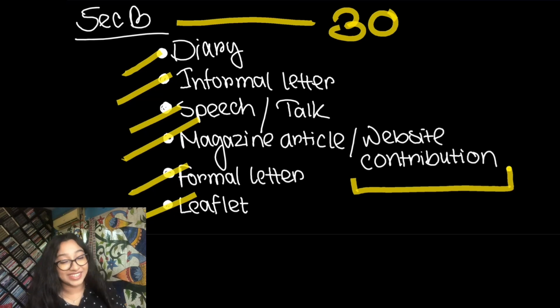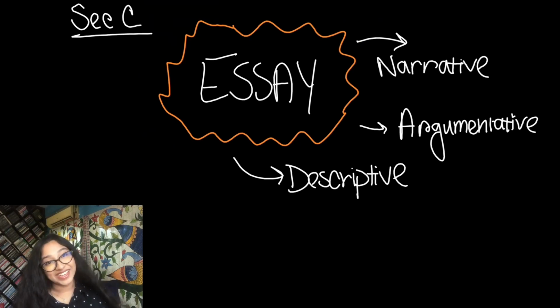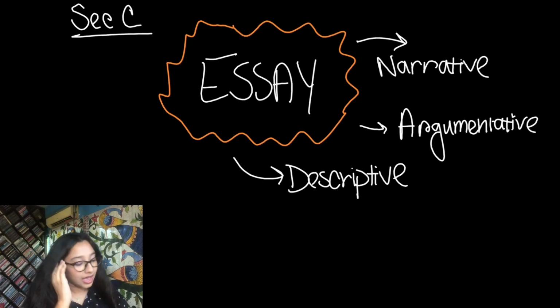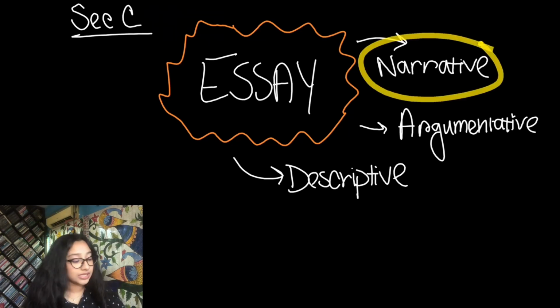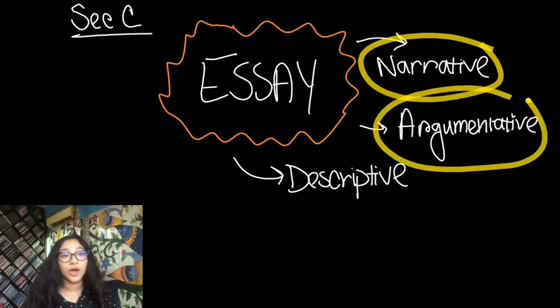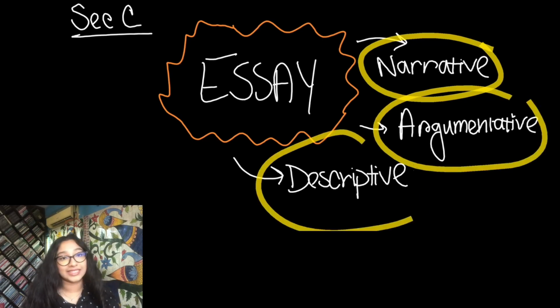Next is Section C, the essay section, where you get to write an essay to your heart's desire. Well, they're going to give you 3 options: a narrative essay option, an argumentative essay option, and a descriptive essay option.